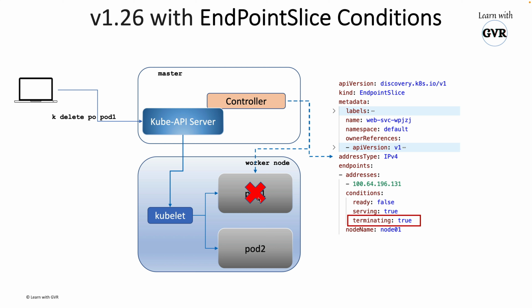It is not ready. So the endpoint slice is aware that pod 1 is dead. That's how the endpoint slice knows, at this very millisecond, who is accepting the traffic. That's how endpoint slices help kube-proxy take care of the traffic coming into the worker node.